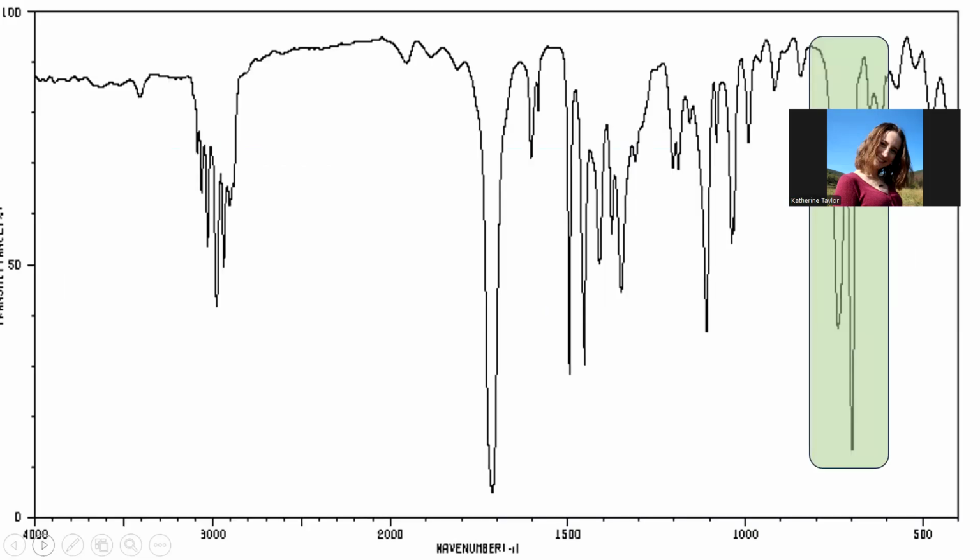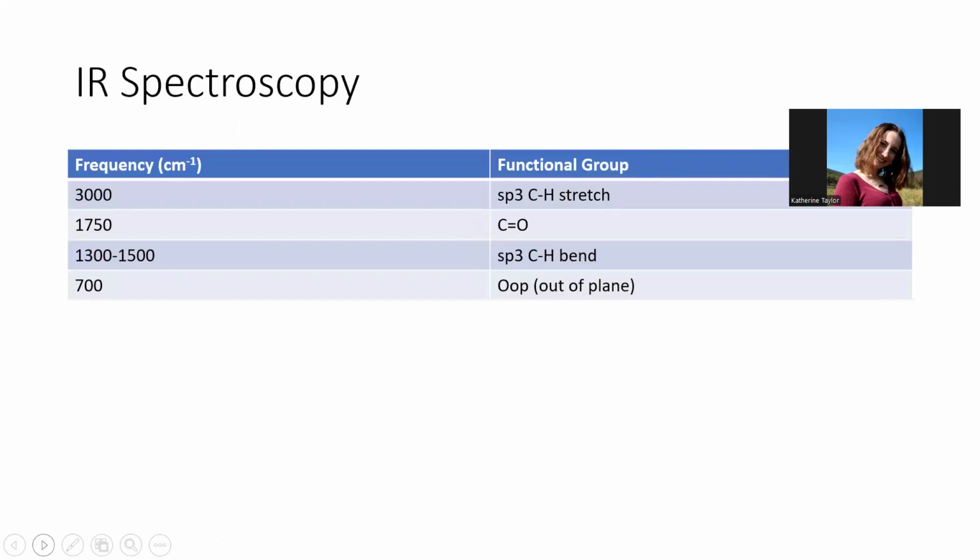And finally, the other characteristic peak that I am seeing is a pretty large peak at about 700 centimeters to the -1. This wave number is going to be an out-of-plane bend peak, which again corroborates the idea of having a lot of double bonds, having an aromatic ring, because double bonds contribute to these out-of-plane bends.